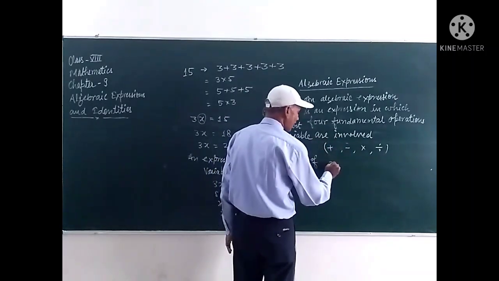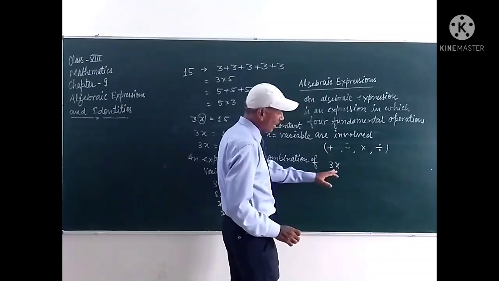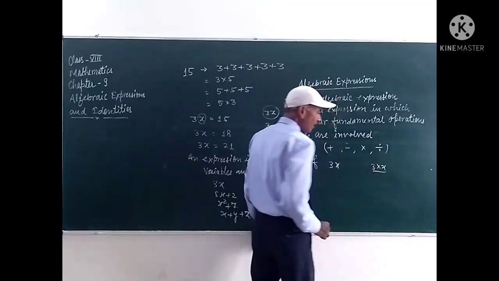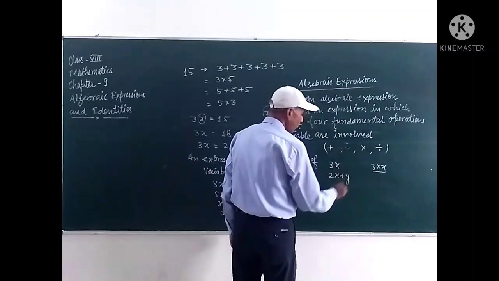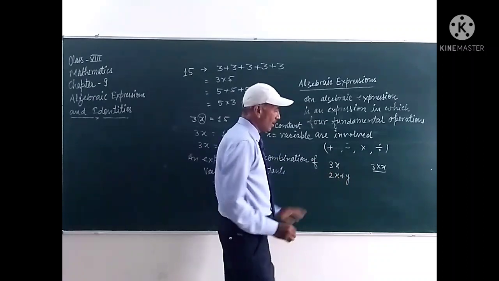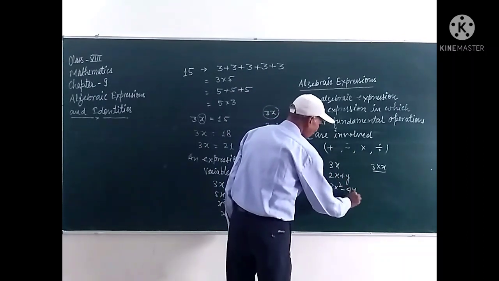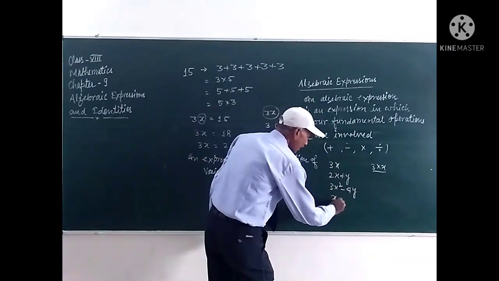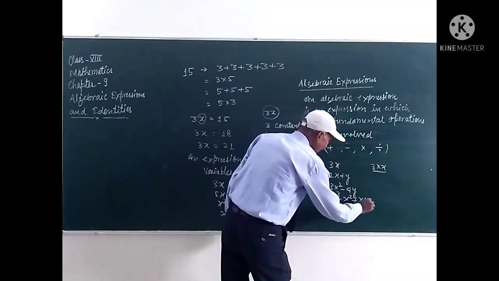Like this, students: 3x is an expression, and in this there is 3 into x. Clear, students? 2x plus y, there is 2 into x plus y. 3x square minus 4y, this is an algebraic expression. x cube minus x square plus xy.